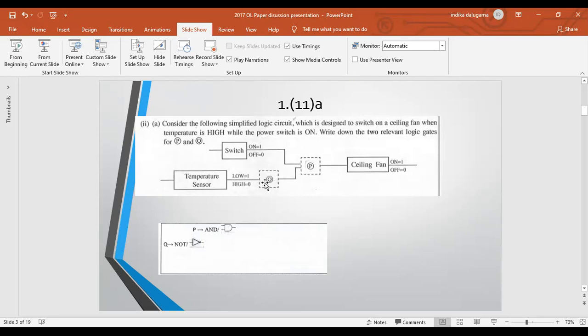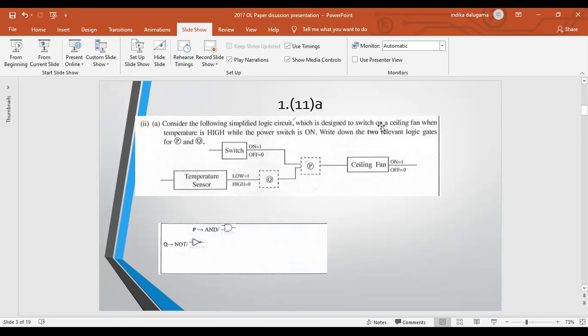Yes. Not gate. Yes, it should be a not gate. When we put a not gate, here 0 becomes 1 and 1 becomes 0. So Q should be a not gate. Here, when we consider the switch, on is signal 1, off becomes 0.